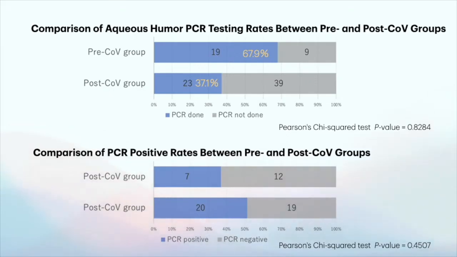Regarding the comparison of PCR testing rates using aqueous humor, the rate in the pre-COVID group was 67.9% and 37.1% in the post-COVID group. Although this difference was not statistically significant, PCR testing was performed more frequently in the pre-COVID group. This is likely because of the increased incidence of herpetic anterior uveitis diagnosed by ophthalmologists clinically in the post-COVID group. As will be shown later, there was reduced necessity for PCR testing.